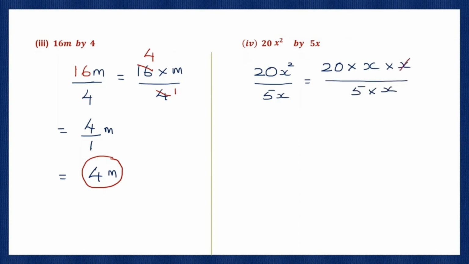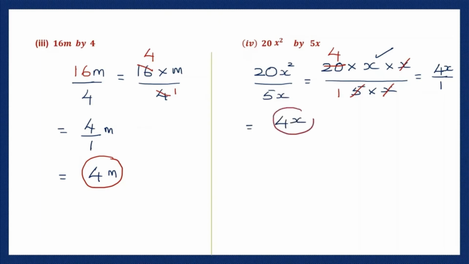I can cancel this x and this x. I can cancel 5 and 20 both by 5. 5 ones are 5. 5 fours are 20. Now I get 4 by 1. So my final answer here, now don't forget to add the x. This x is still left. So 4x by 1, and my final answer will be 4x.